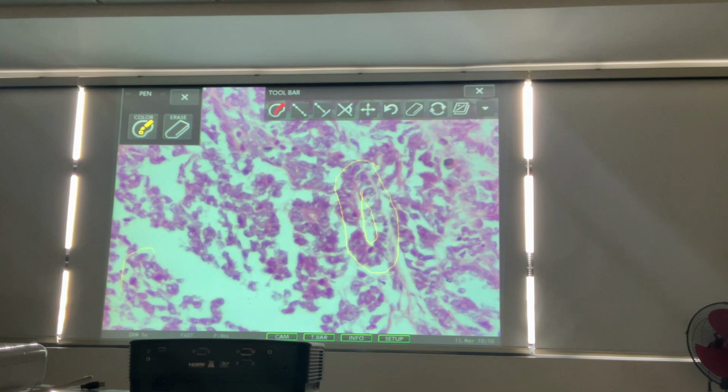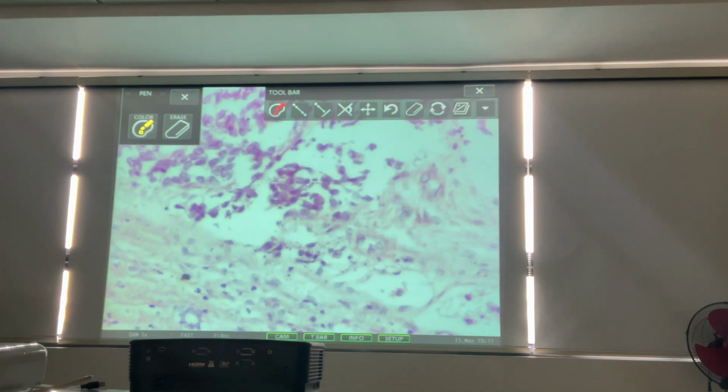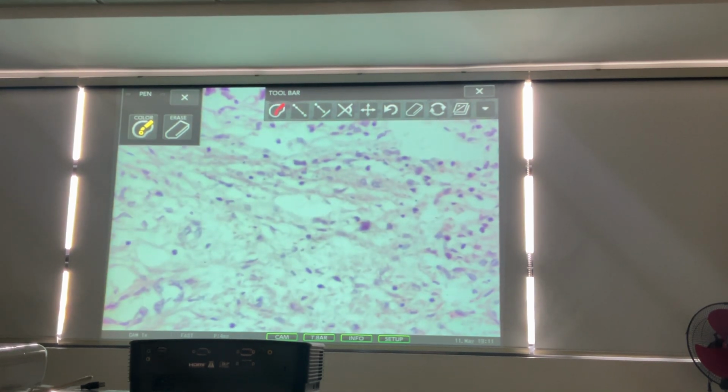Then here, these are your round blastemal cells. There's another one. Abortive tubules. And of course, these are your spindle cells, elongated cells.